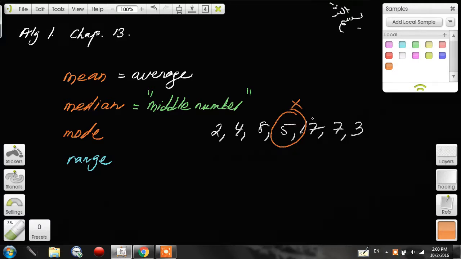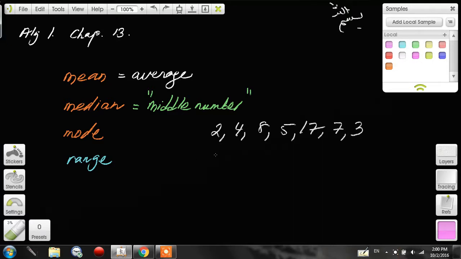So to calculate the median, the middle number, the first thing you do is you arrange these numbers from smallest to largest, like this. Even before you figure out what the median or middle number of a set of numbers is, you have to arrange the numbers from the smallest to the largest.